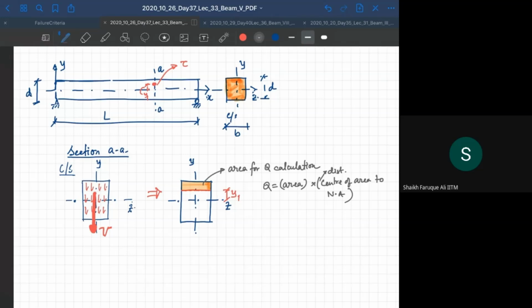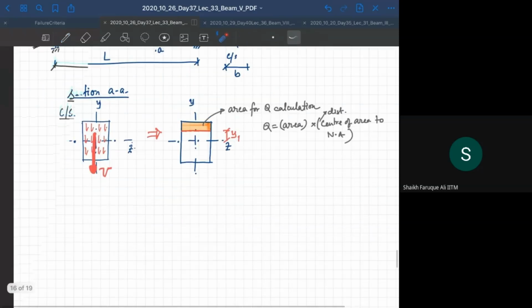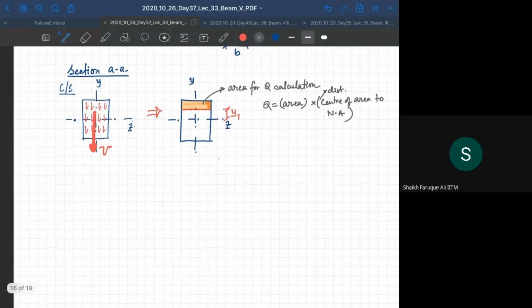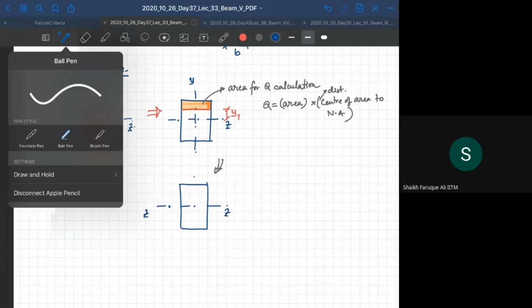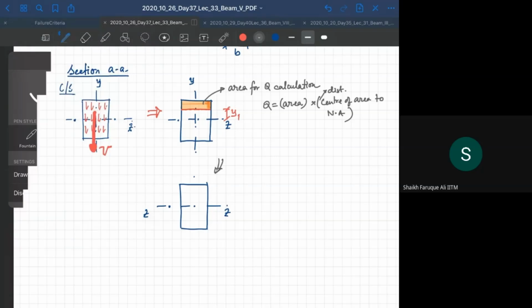Okay. Now when I'm doing dy, my dy is... draw that again. Now I'm not drawing this y, this is my z-z, and here is my y1, right?